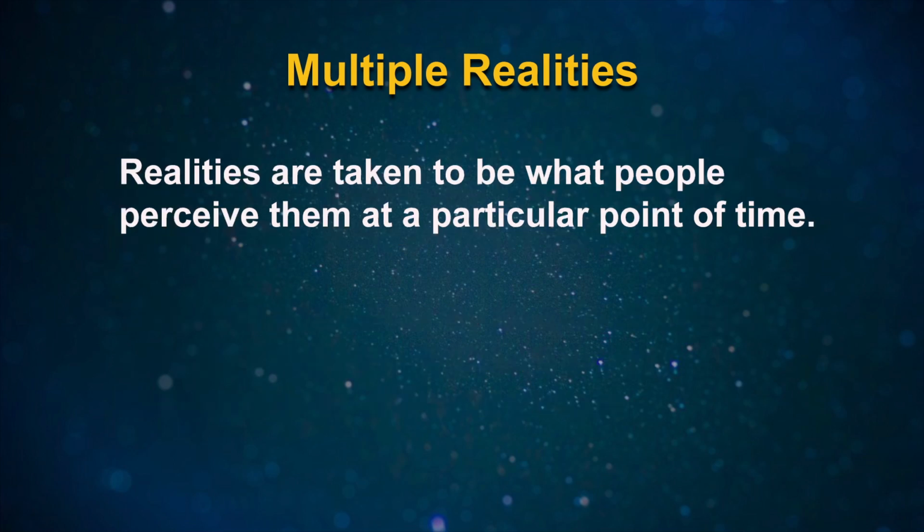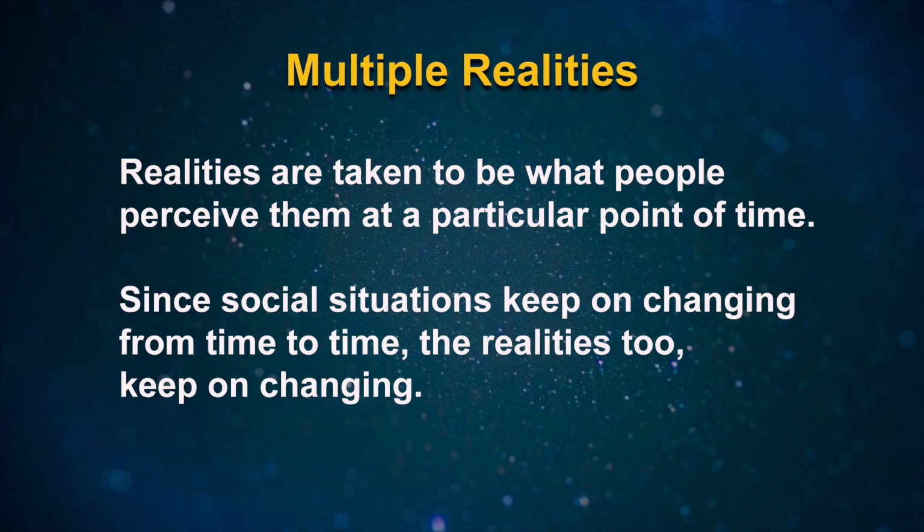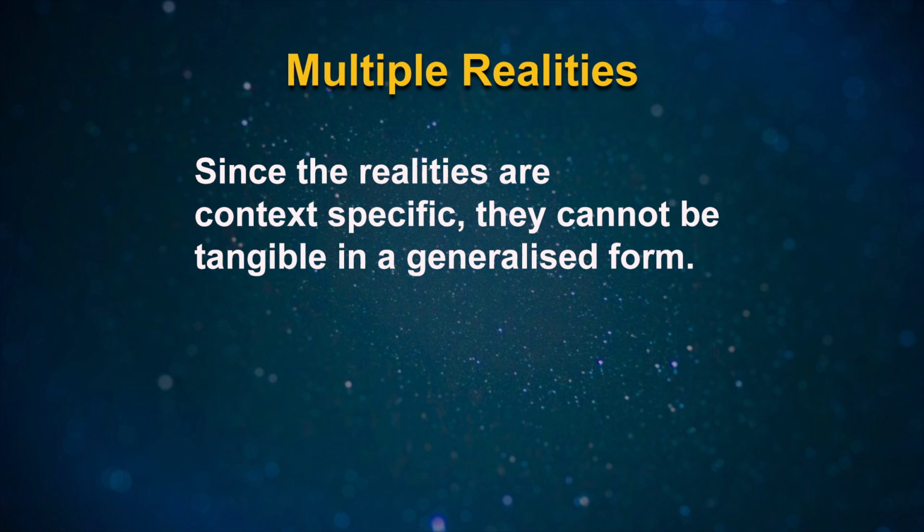In other words, realities are taken to be what people perceive them to be at a particular point of time. Since social situations keep on changing from time to time, the realities also keep changing. Furthermore, since the realities are context specific, they cannot be tangible in a generalized form.